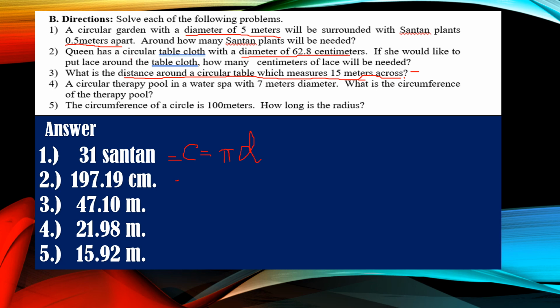Now let's go to number 4. A circular therapy pool in a water spa with 7-meter diameter. So diameter again is given. So the same formula, circumference equals to pi d. So the answer is 21.98 meter. The last number is number 5. Circumference of a circle is 100 meter. How long is the radius?